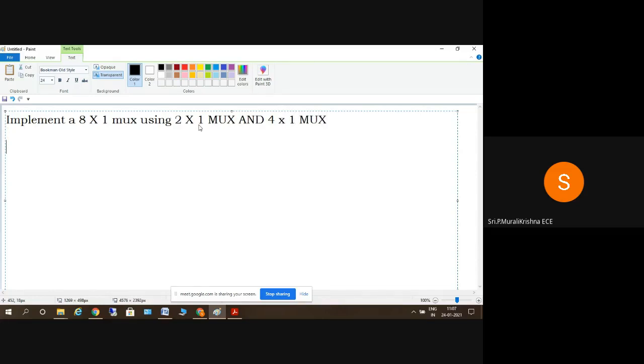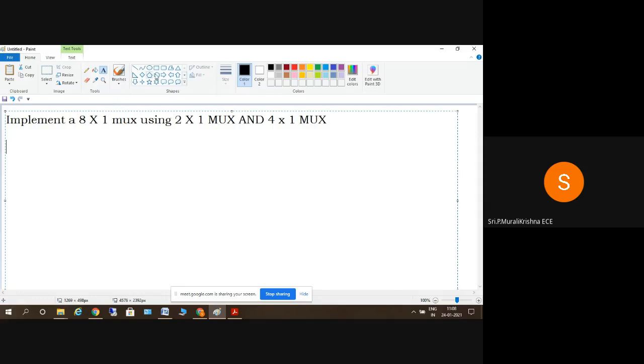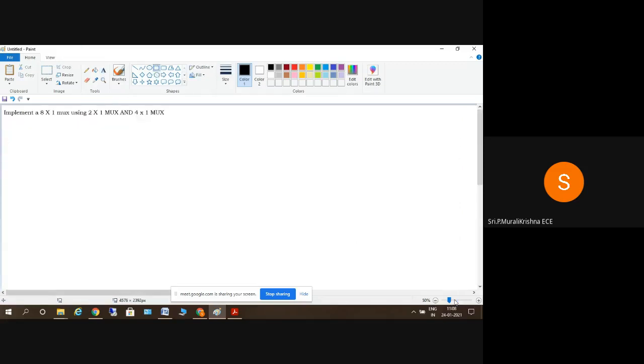Okay, so 8:1. So here we have to check the inputs. So for an 8:1 multiplexer using 2:1, we have to use four 2:1 multiplexers. So the first one, second one, third one, the fourth one. Okay, four 2:1 multiplexers.